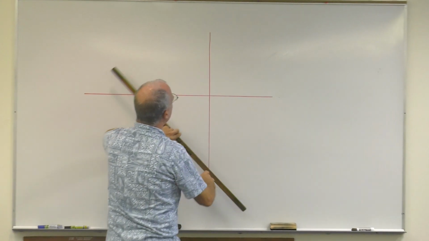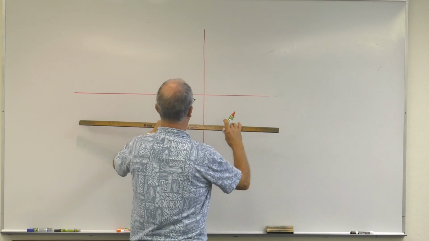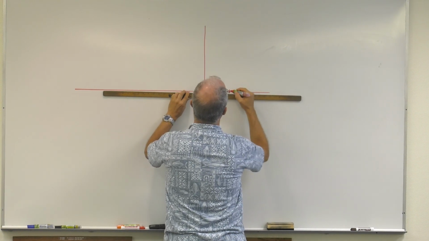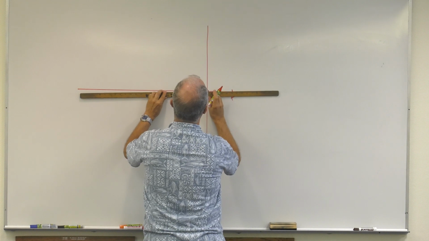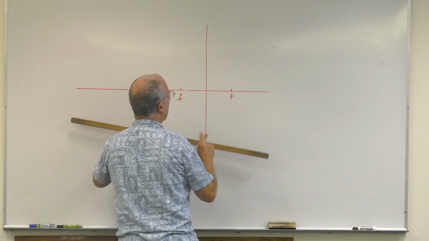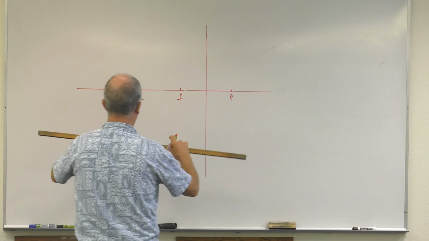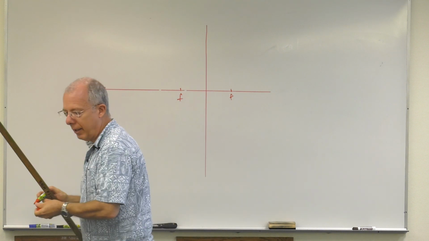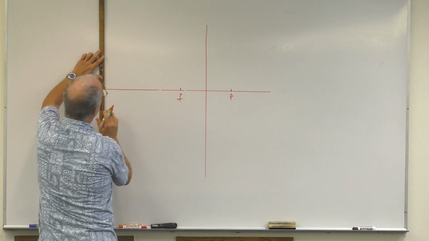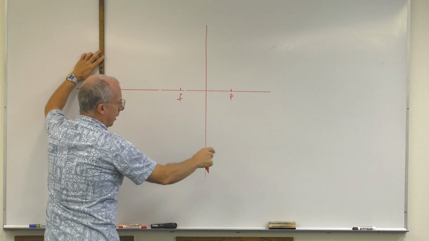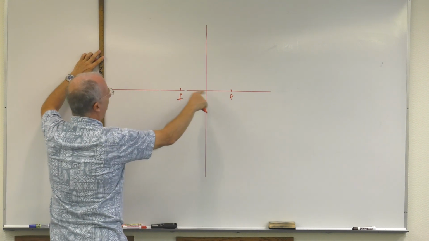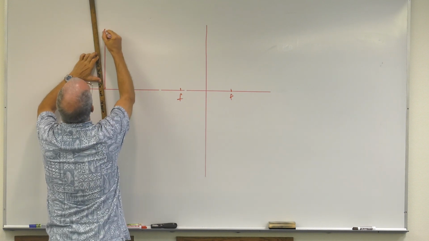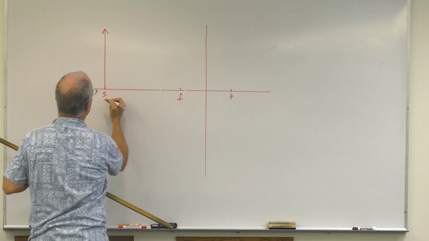Okay, so there's the lens. Focal length is 5 centimeters. So 5 here, 5 there. Object is 20. And let's make it big. It's just nice if you make the object tall, because then you just get better results. If it's really short, then it's hard to get good results. So let's make it big. There. All right. So there's the object S, focal length.